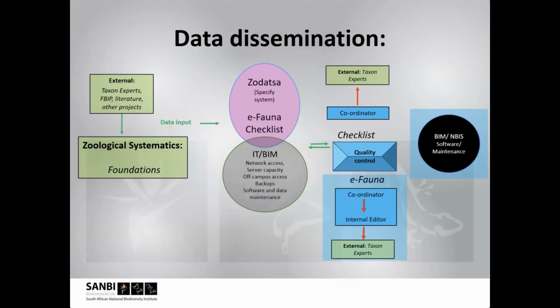Currently, the data inputs for the checklist and the e-Fauna from FBIP and other projects are submitted to the Zoological Systematics team for data quality checks and inputs. Then the data will be submitted to the committee for approval. Once the data is approved by the committee, the information will be uploaded to Specify or ZooData, and dedicated members will continue with the data correction.